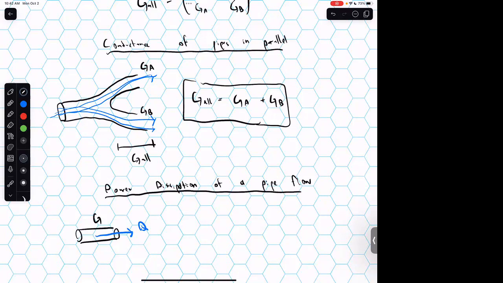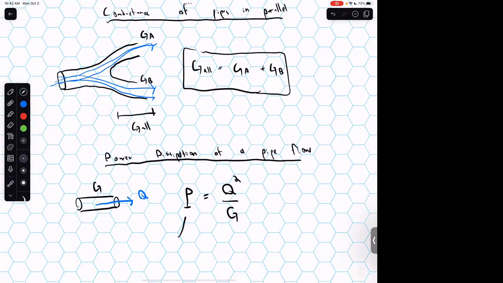The power dissipation is going to equal the flow rate squared divided by G, the overall conductance. And I'm just going to put this funny little underbar in my P to help differentiate it from the P for pressure. Okay, so this is going to be power. This is going to be the flow rate. And this is going to be the conductance.